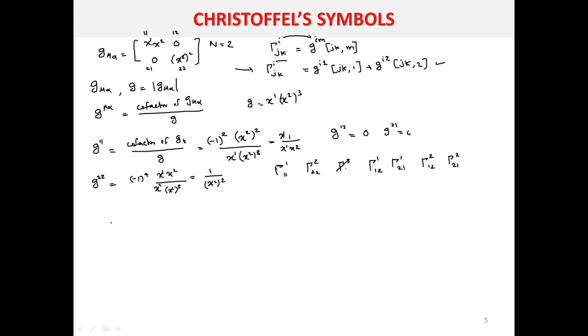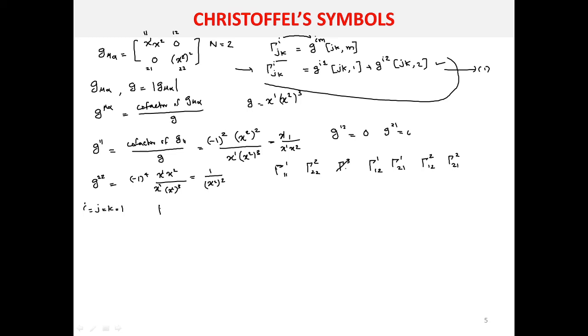For example, if you want to calculate gamma 1 1 1, here is our equation gamma ijk. Let it be equation number 1. You have to put i equal to j equal to k equal to 1.